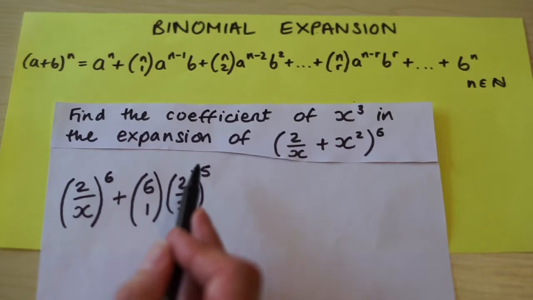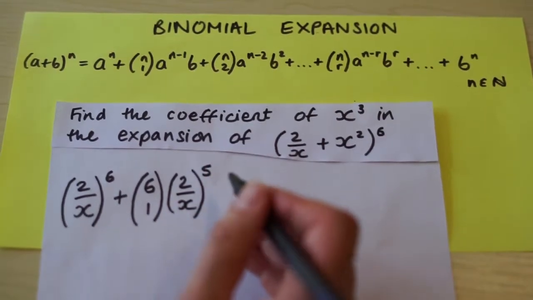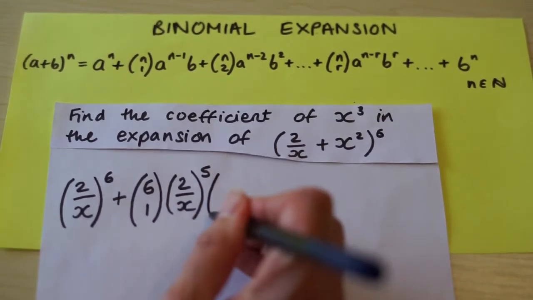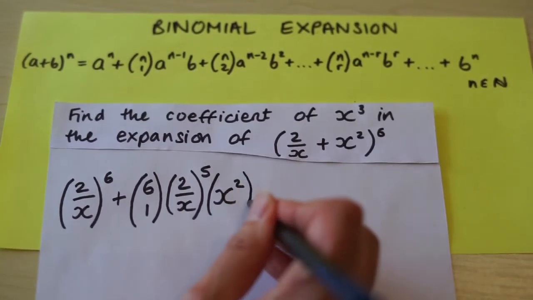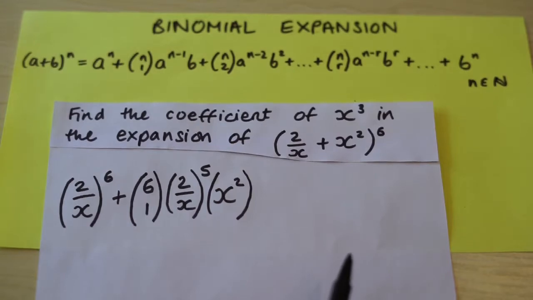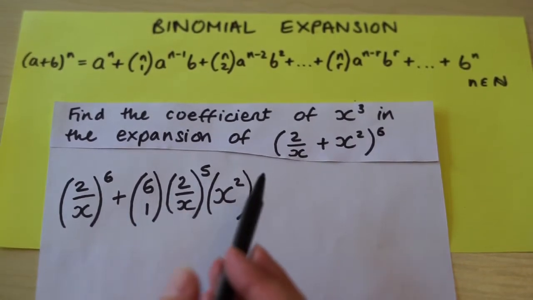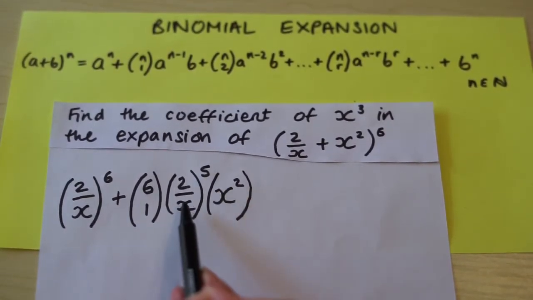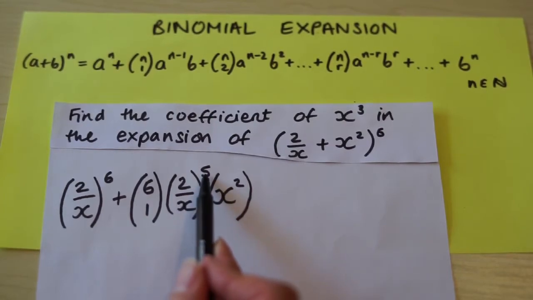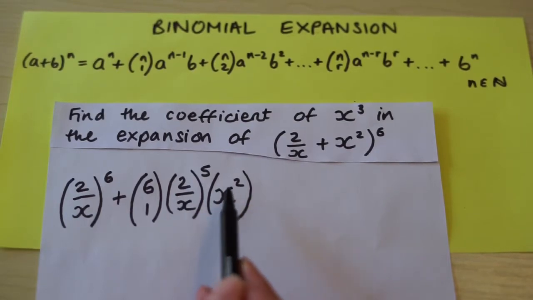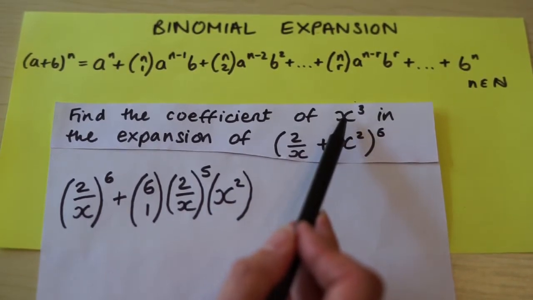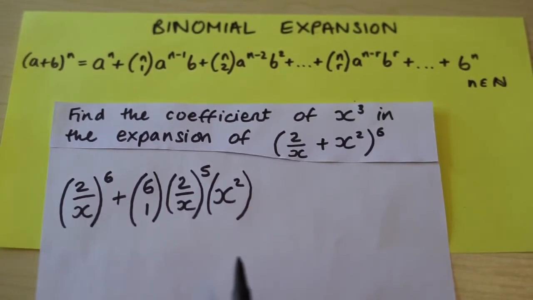So I'm going from 6 to 5 here. And don't forget the b term, that's to the power of 1. We can see when we glance at it that this denominator would be raised to the power of 5, and we have the x squared term, so we know overall that that's not going to be x to the power 3, which is what we're aiming for.